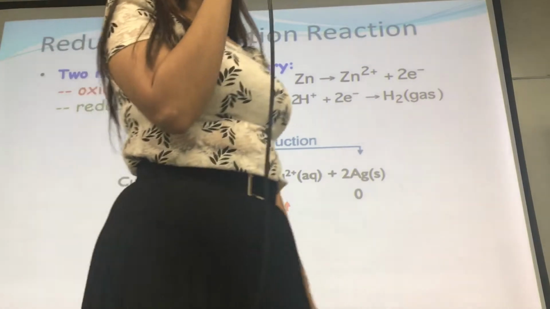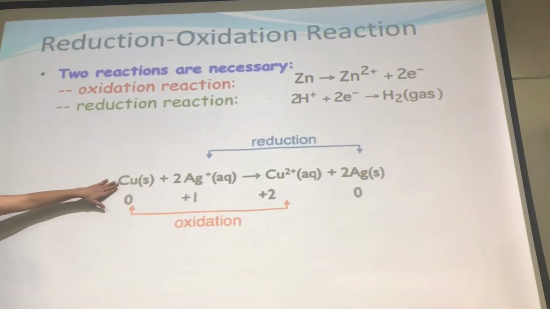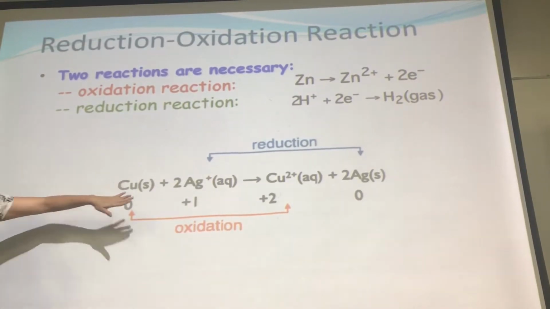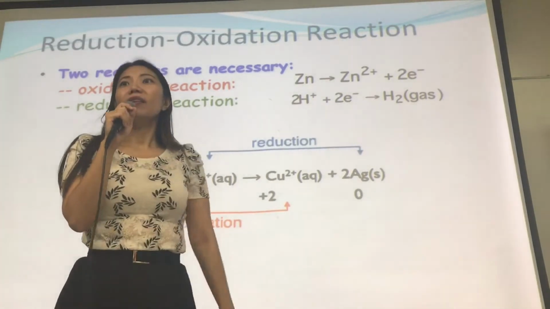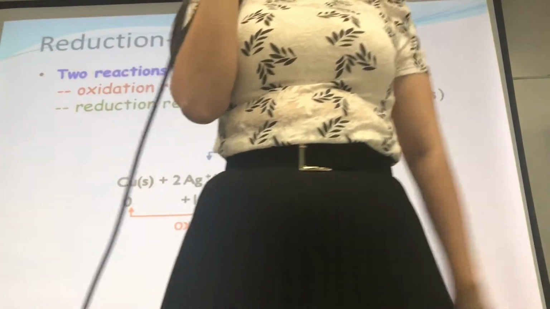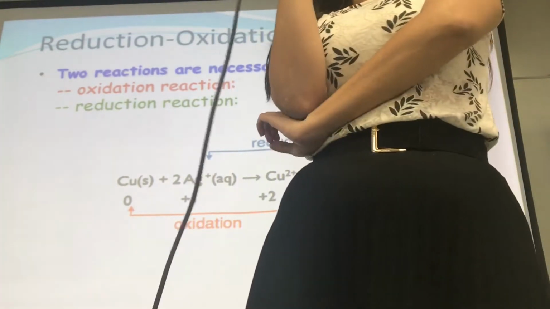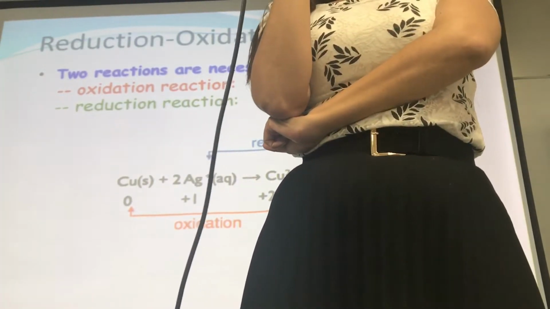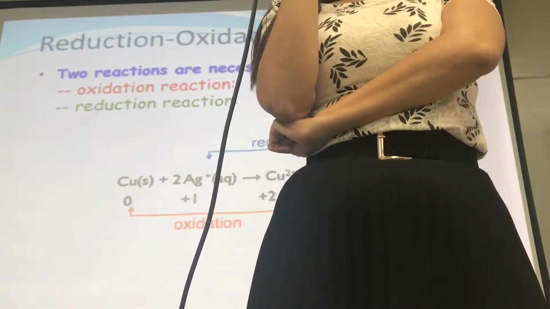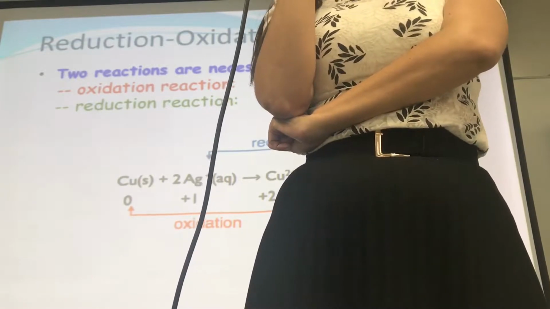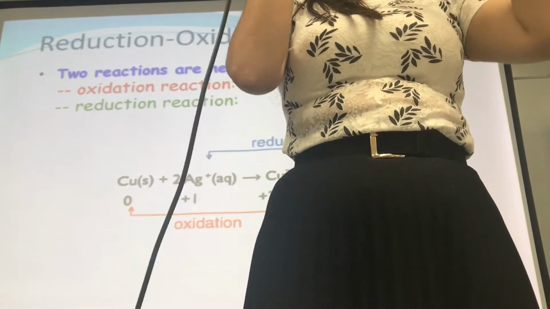In this case, oxidation occurs in copper. Reduction occurs in what? In the ion of silver. Okay? Ready? I have one material. Actually there is one material but two pieces.